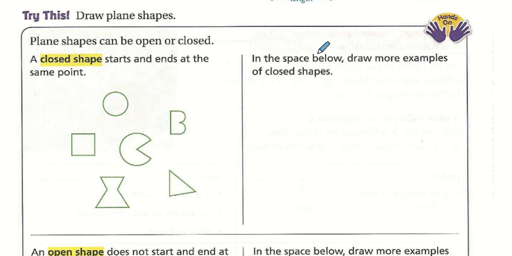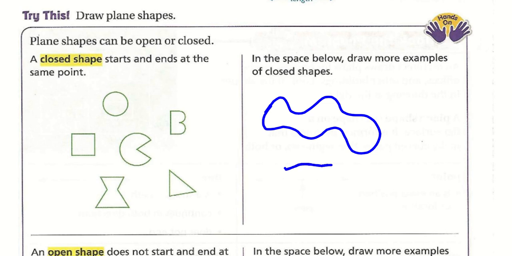Okay, it says in the space below, draw more examples of closed shapes. Even if you have random squiggly lines, as long as they start and end at the same spot, that would be considered a closed shape. We could have kind of like a trapezoid.